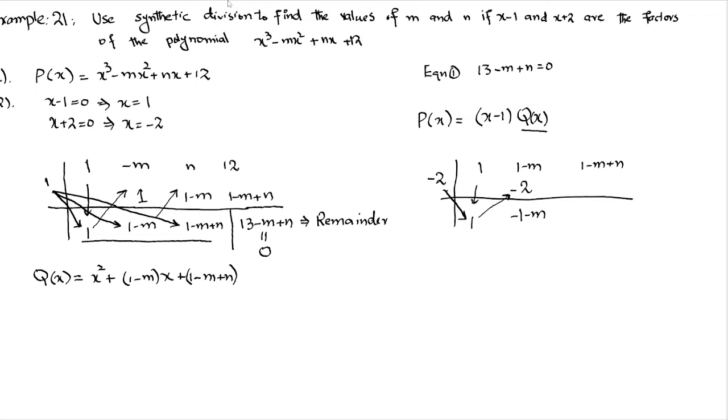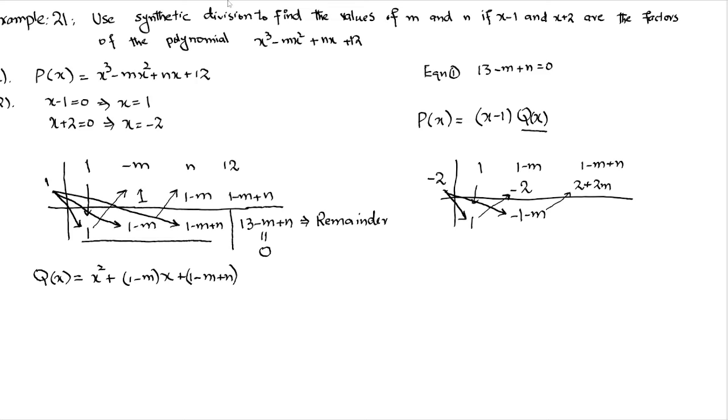Now this will be multiplied by the value of x. So we have minus 1 multiplied with minus 2 is 2, minus m multiplied with minus 2 is 2m. This is the product of the value of x and this coefficient. Now we will perform addition.